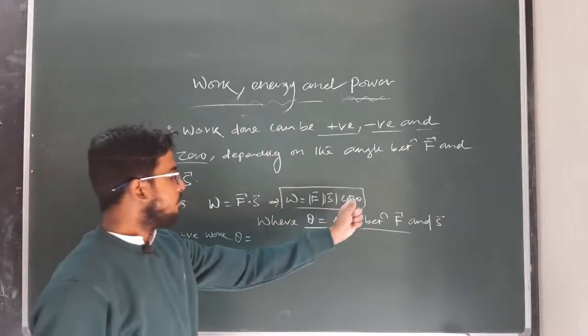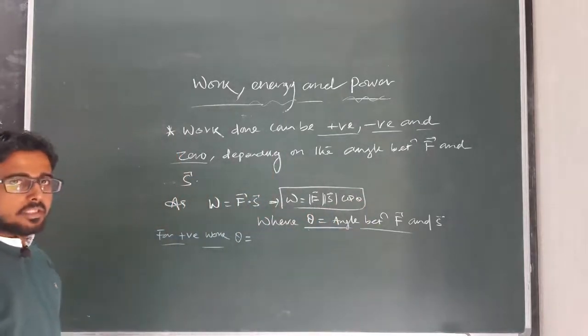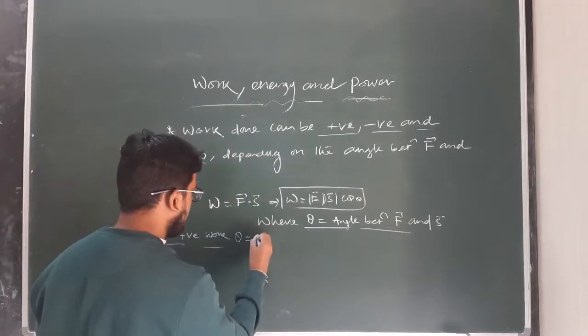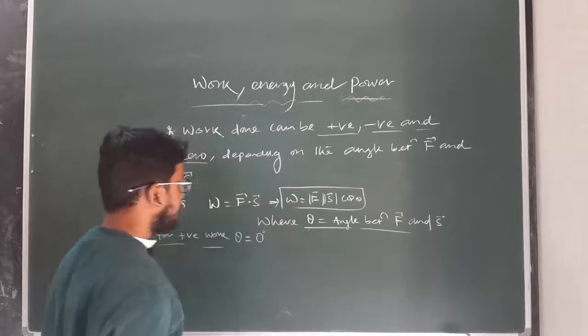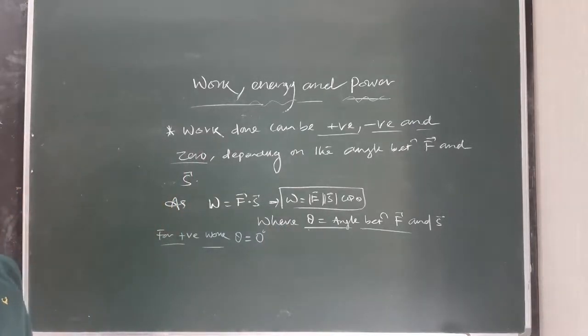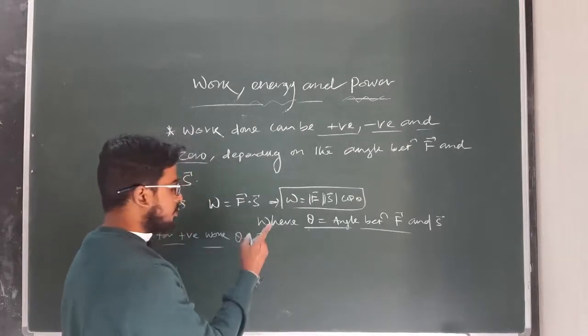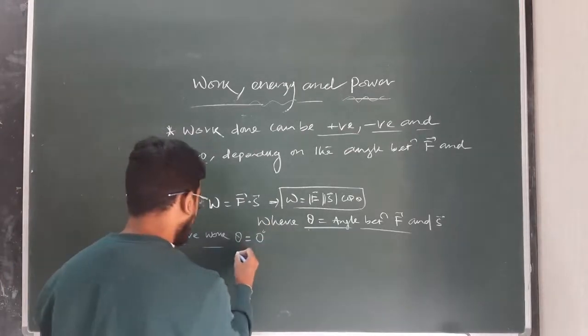So what is the value of theta for positive work done? 0 degree. Okay, if theta is 0, cos value will be 1.